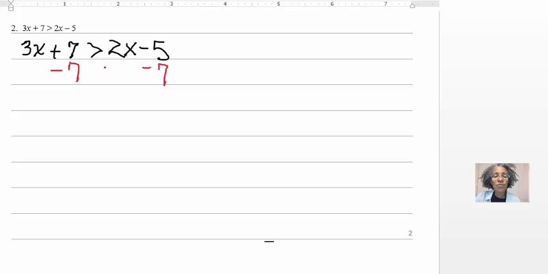And also I'm going to subtract 2x from both sides of this inequality. When I say both sides, I mean both sides of the inequality symbol. So 7 minus 7 is 0, and so is 2x minus 2x. So I'm left with 3x minus 2x, which is x, greater than negative 5 minus 7, which is negative 12.